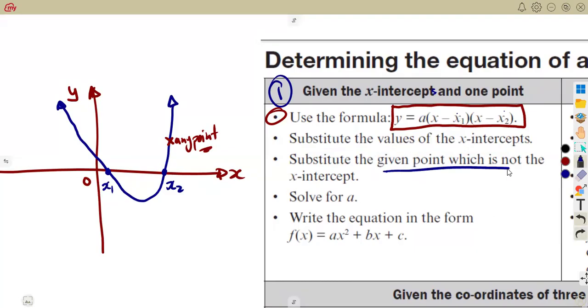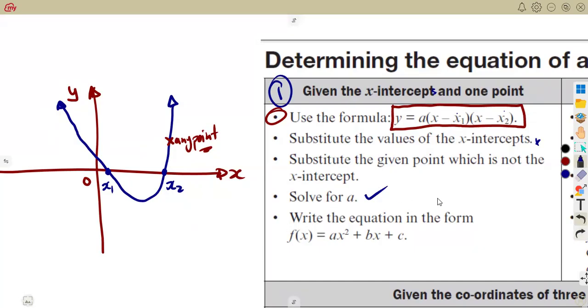Then substitute the given point, which is not an x-intercept, in order for you to solve for a.